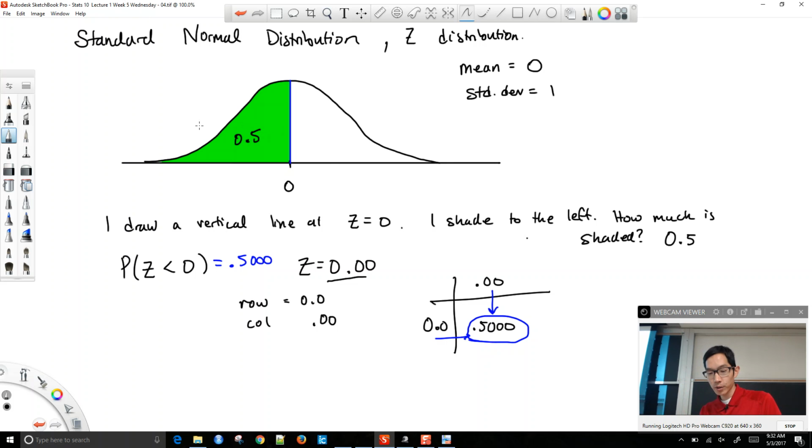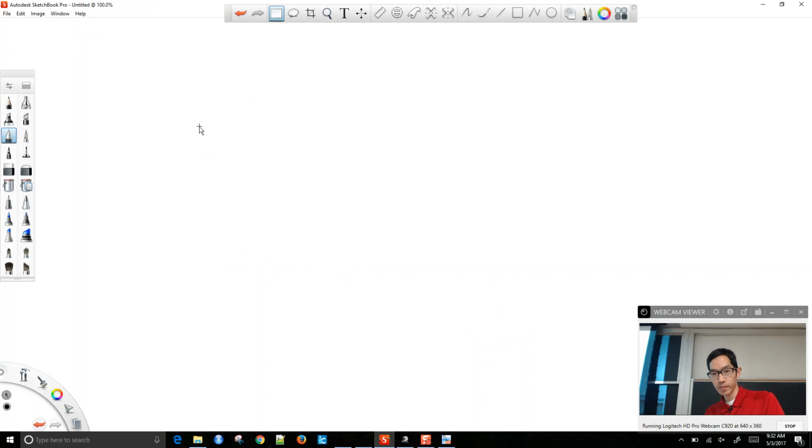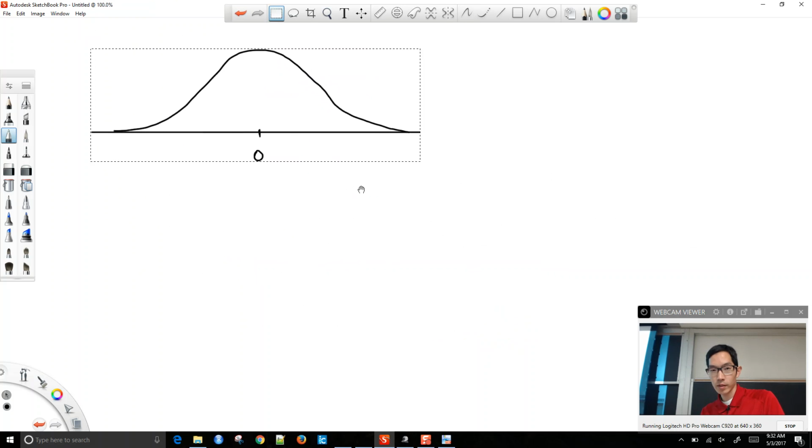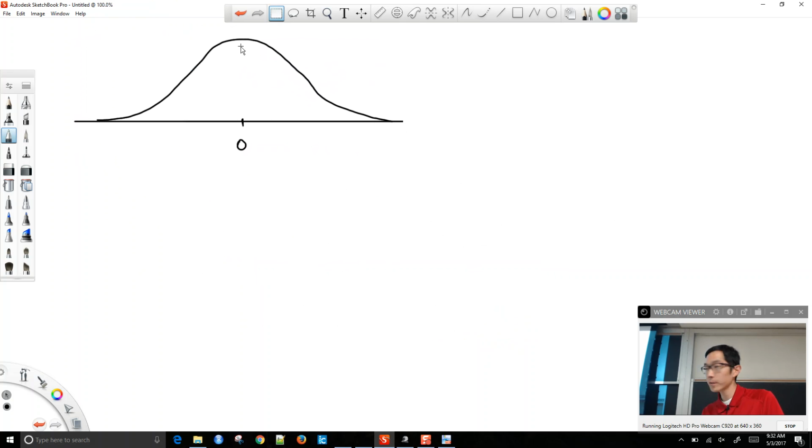All right, if I draw another standard normal curve centered at 0, this time I'm going to draw a line at 0.67.